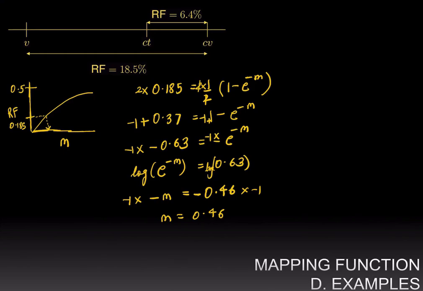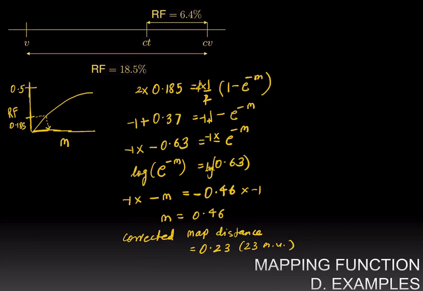to go back to recombinant frequency. And since on average 50% of gametes are recombinant, we would get a recombinant frequency or a corrected map distance of 0.23 or 23 map units, which is much more than the measured recombinant frequency of 18.5, and it shows how the recombinant frequency on its own underestimates the map distance.